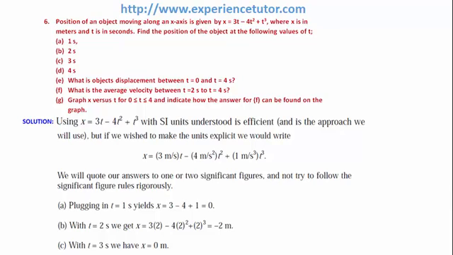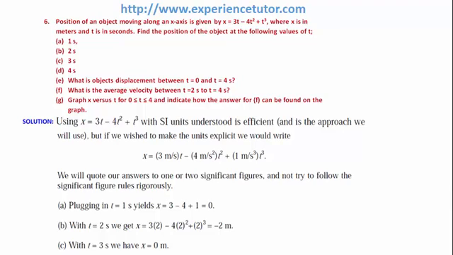Now we can plug t is equal to 1 in the equation, which will give 0. T is equal to 2 in the same equation will give x is equal to 2 meter, and t is equal to 3 in the equation will give x is equal to 0 meter. Putting t is equal to 4 seconds in the given equation, it will give x is equal to 12 meter.